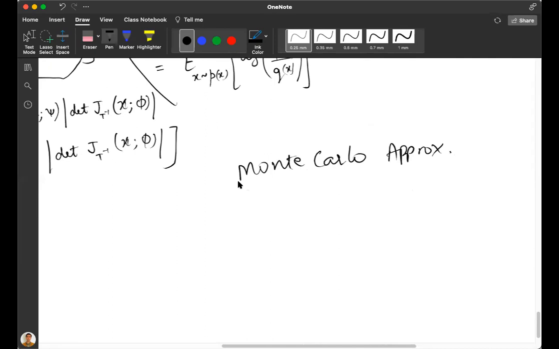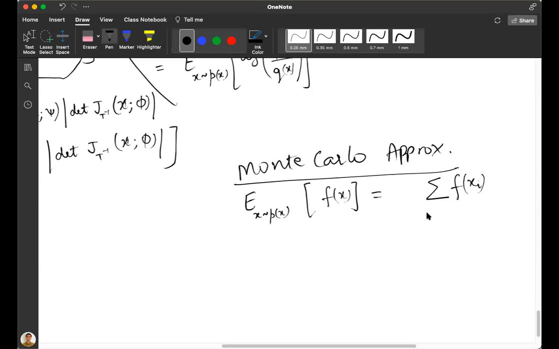In general, the Monte Carlo approximation is this: the expectation of f(x), when x is sampled from some p(x), is equal to what? Let's say you obtain n number of samples, x_i, i goes from 1 to n. You compute f(x_i), sum over all i equal to 1 to capital N, or 0 to n minus 1, whatever you want to call it, times 1 upon n.